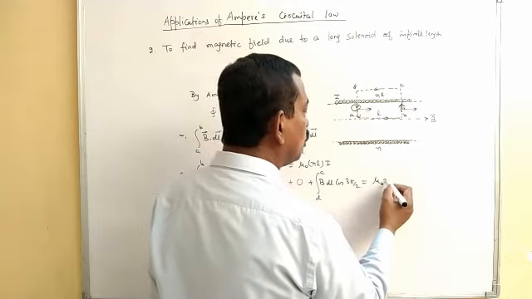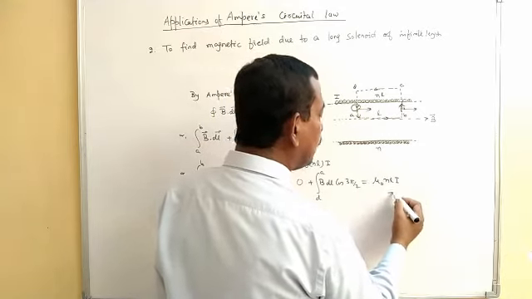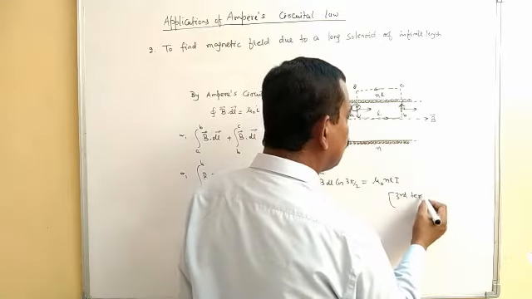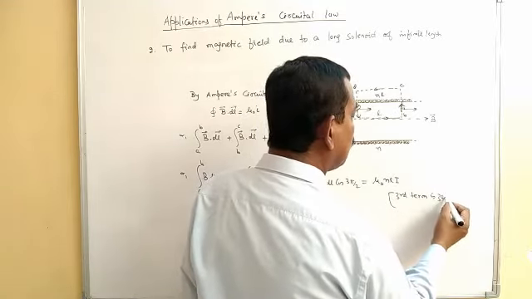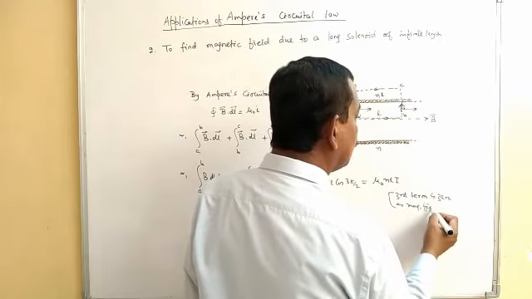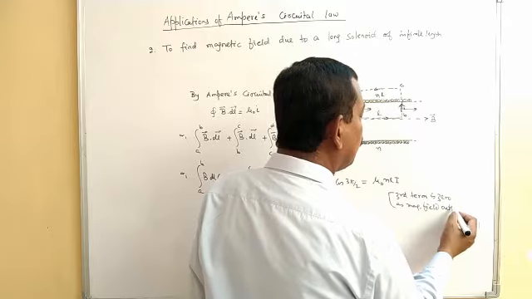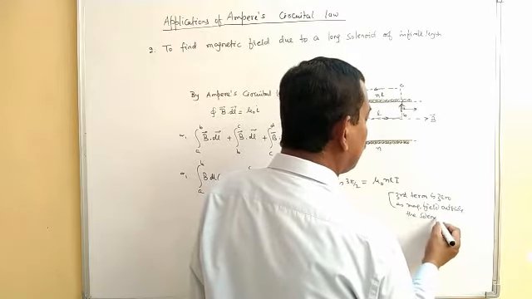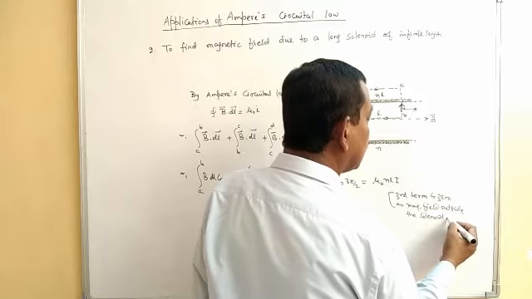So this is your mu naught nLI. Here, of course, for the third one, you can write the third term is 0 as the magnetic field outside the solenoid is 0.